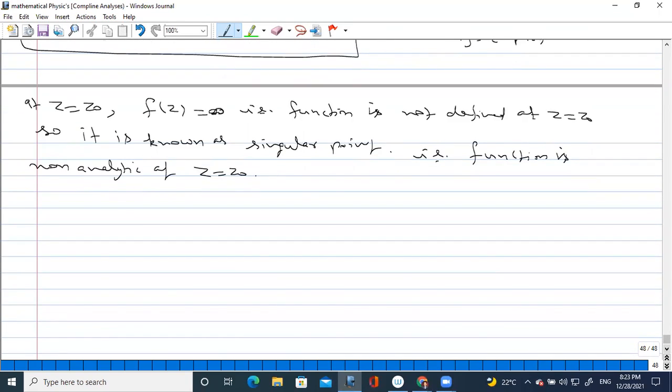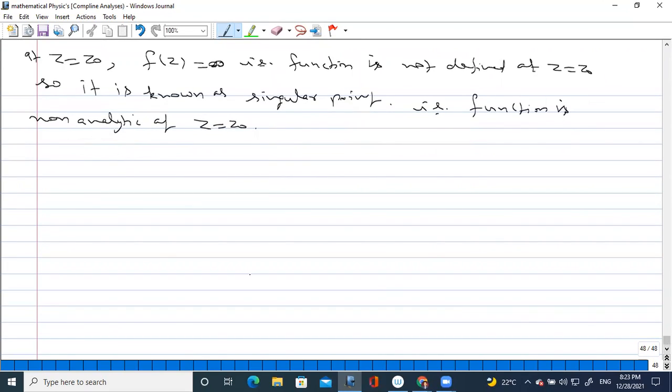Now you can put the heading residue: residue of f(z) at z equal to z0.